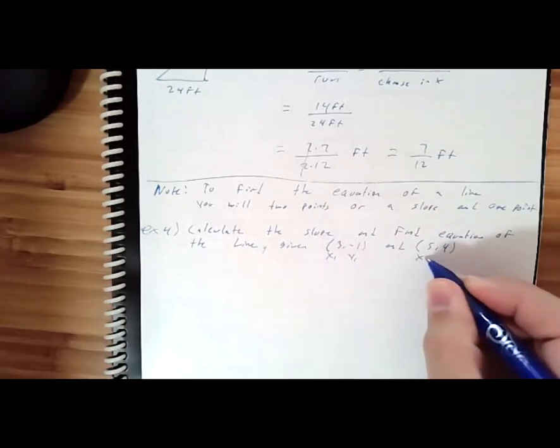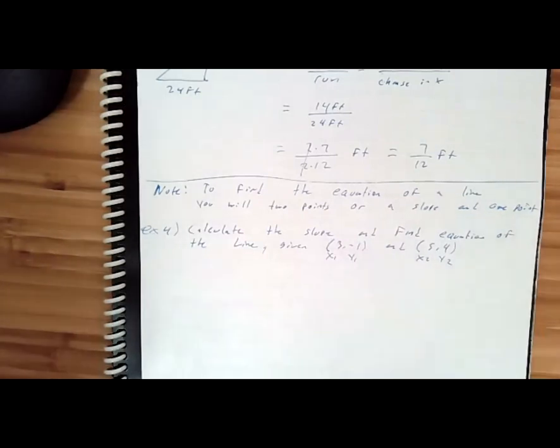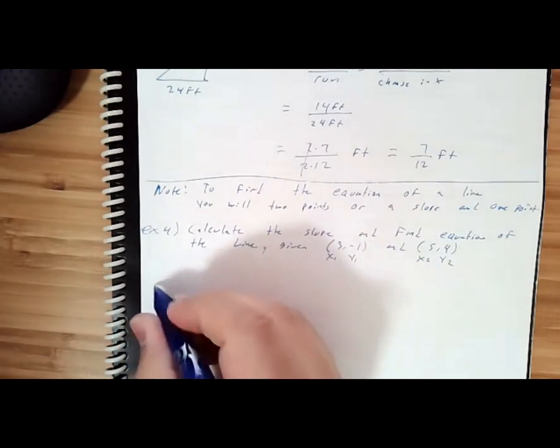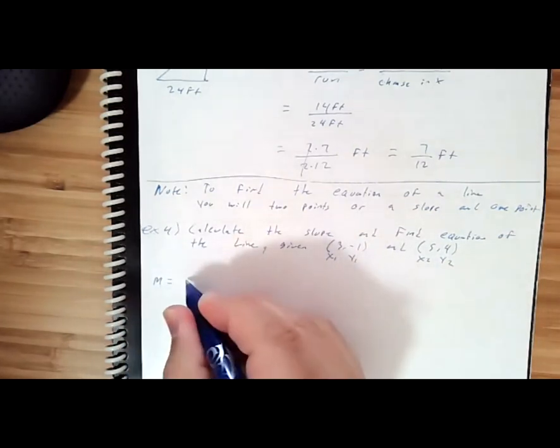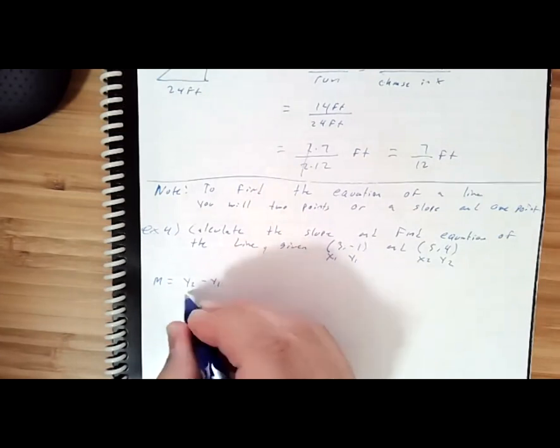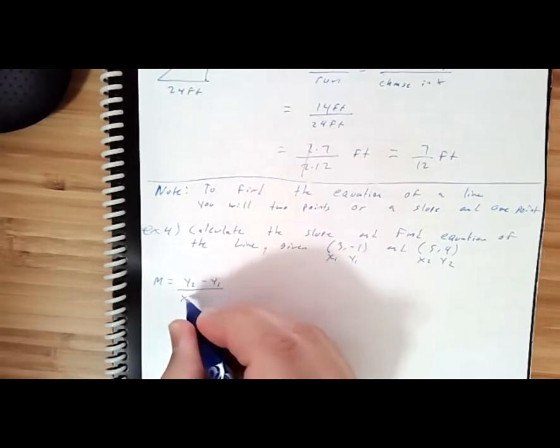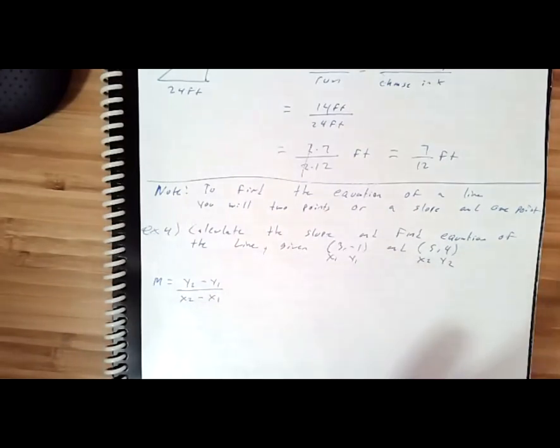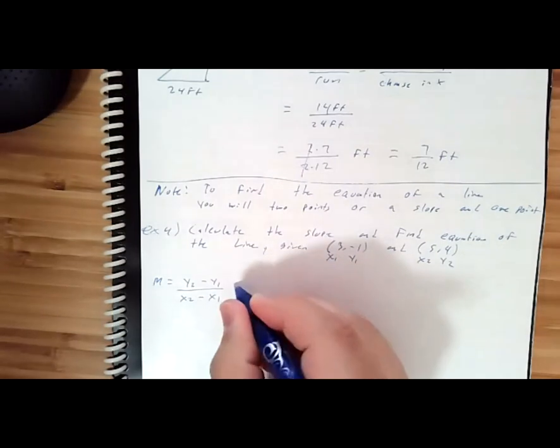This is x2, y2. So m is equal to y2 minus y1 over x2 minus x1. That's our formula. So these minuses are built in. If these are negative as well, then they're just going to have a double minus. It depends on which one goes where.